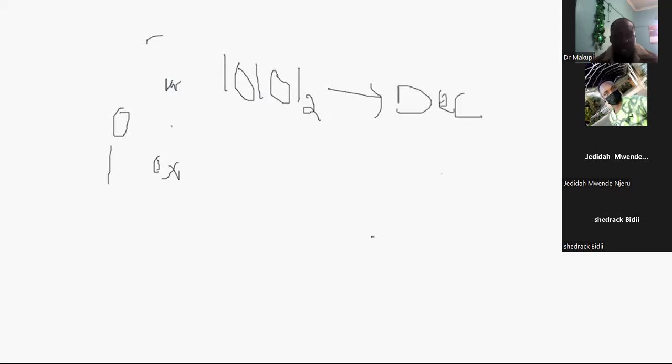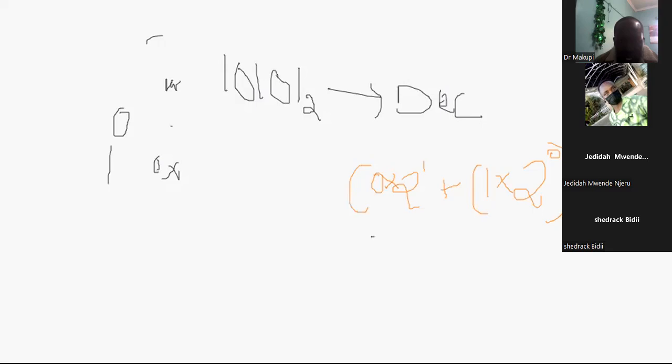So starting from 2 raised to 0 multiplied by 1, you put that one into bracket. 2 raised to 1 multiplied by 0.